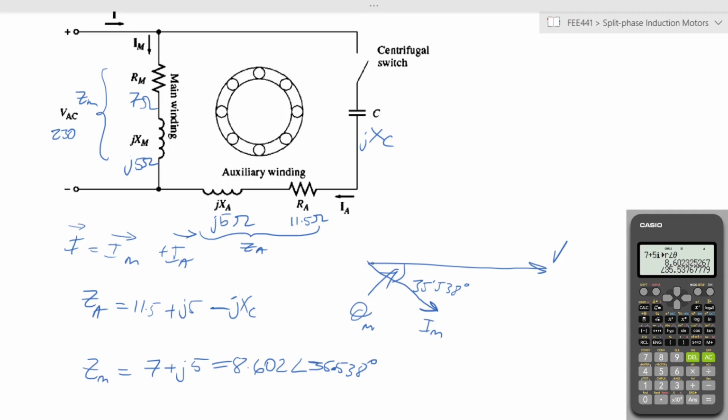What we now want to do is to check what angle will give us IA to IM of 90 degrees.